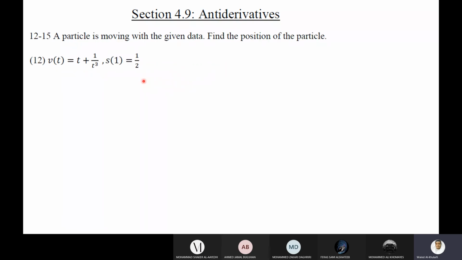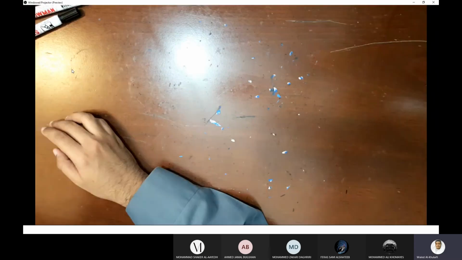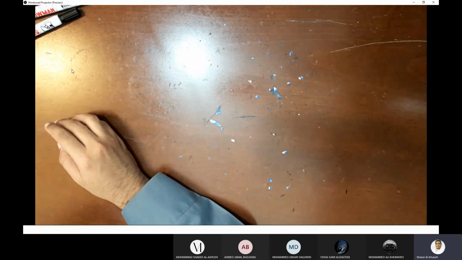The last set is about particle and position. The particle and the position function. So if he gave you the velocity, Shabab, how do you find the position function? Let me draw this diagram for you to understand the situation.